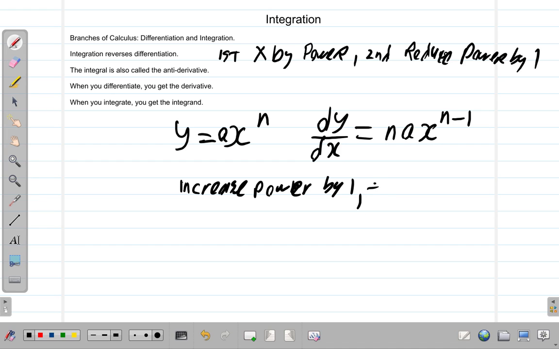Then the next thing, not multiply, this time you divide by the new power. All right?